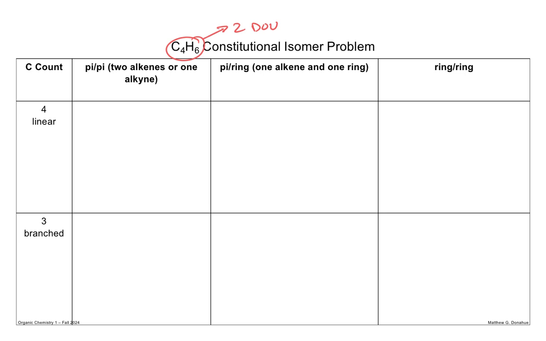In the second column, they can both be pi bonds, which would mean you can have 2 alkenes or 1 alkyne. In the third column, you can have a pi bond and a ring. In the fourth column, they can both be rings.